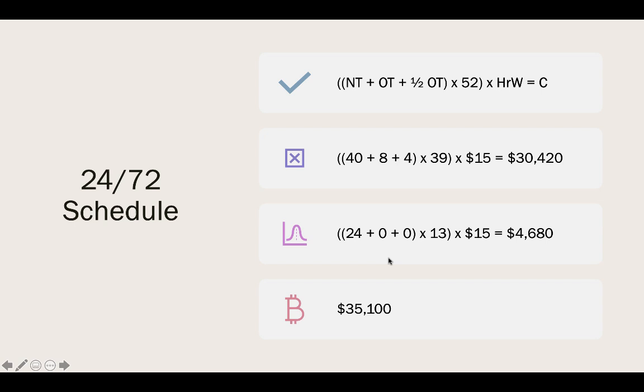But 1/4 of the time, I'm working 24 hours, just 1 shift in that week. So I've got my 24 hours of normal time. I've got no overtime, obviously, since I'm just working my 1 24-hour shift. I've got my $15 an hour. It gets me about $4,600. Add that together, so $35,000 per year for that employee working a 24/72 type of schedule.